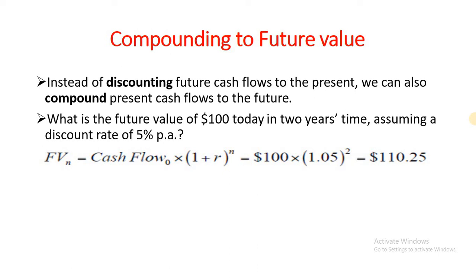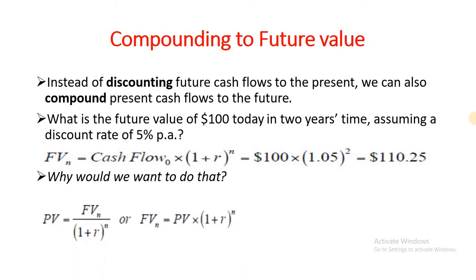If you invest $100 at a 5% interest rate, after 2 years you will receive $110.25. Why would you want to do that? Because if you want to analyze how much you will receive after your retirement, you always need to find out the future value of your investment in terms of your pension or other investment.